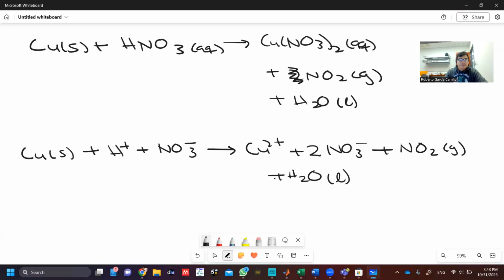And here, first of all, we need to write down the oxidation states of the atoms inside each of these ions. So for example, the nitrate ion, which is NO3 with a charge of -1.